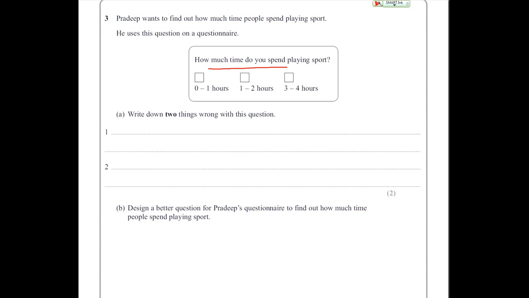You don't know if it means this week, in a year, in a month, in a day. It's very vague. What you'd write to say that that's wrong is no time period given, e.g. in a week, or month, or whatever. That's the first problem.